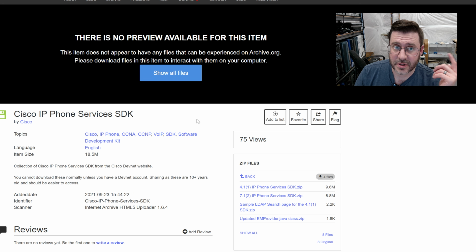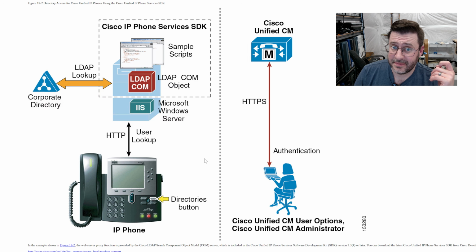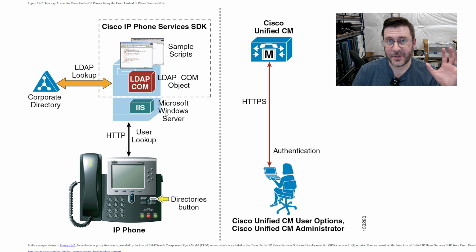I've got at least a version of it. And what you're seeing here is a pretty horrendous diagram from Cisco, but basically on the Windows 2000 server, we'll have IIS, a web server, hosting an ASP file, and it is going to dynamically return an XML list of users to the phone rather than my router, so that I can manage everything over in the LDAP server, or the Windows 2000 server in my case.